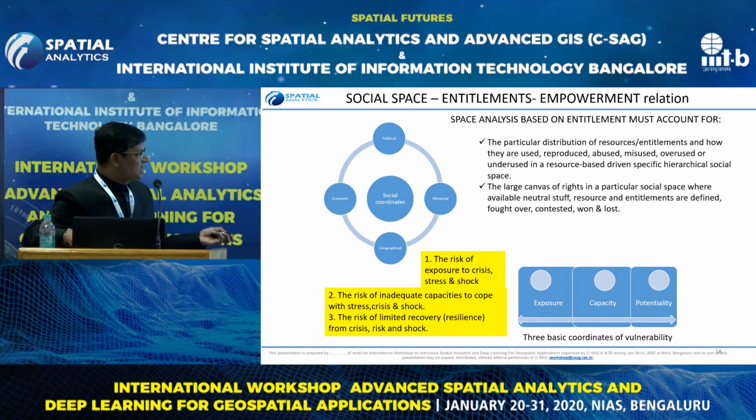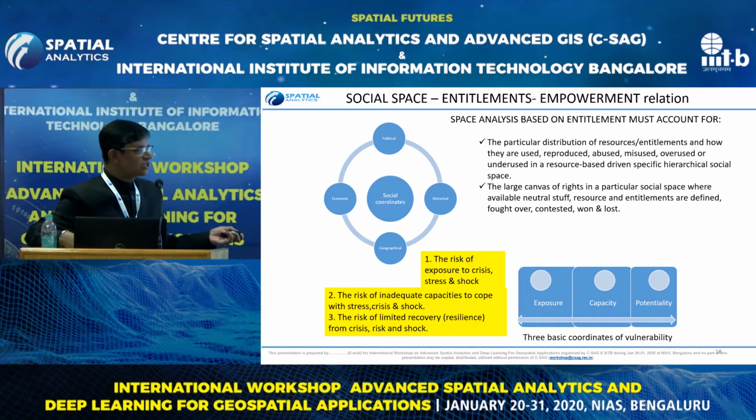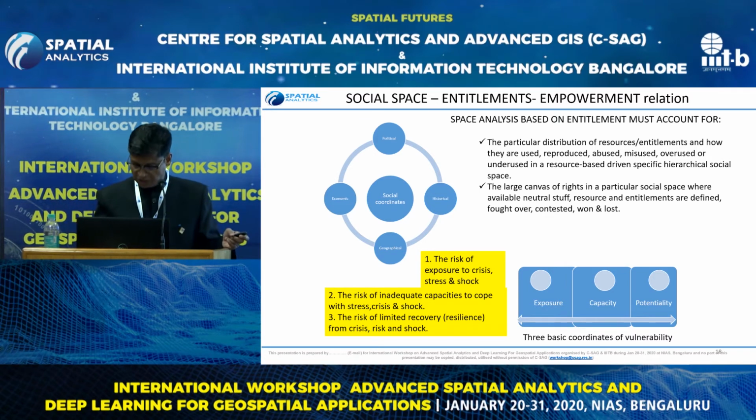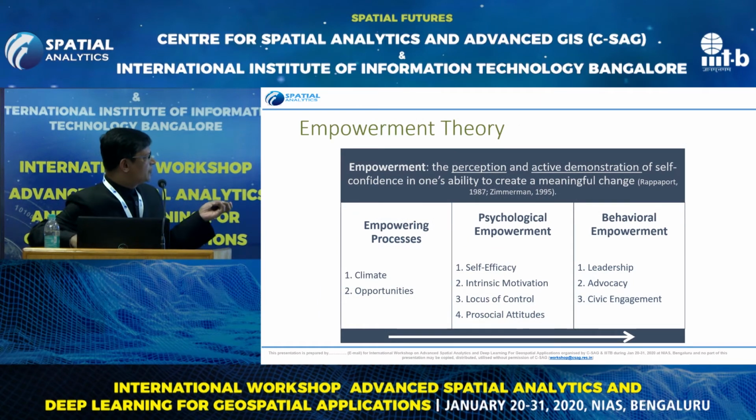So these are the three things which determine the vulnerability of a space from the point of view of a society: its exposure, its capacity, how much I can access it, and its potentiality, how much you can use it. If you look at it from the empowerment point of view, there are many definitions of empowerment. The main empowering process is perceptions and demonstrations, how much psychological empowerment you can give to a person.